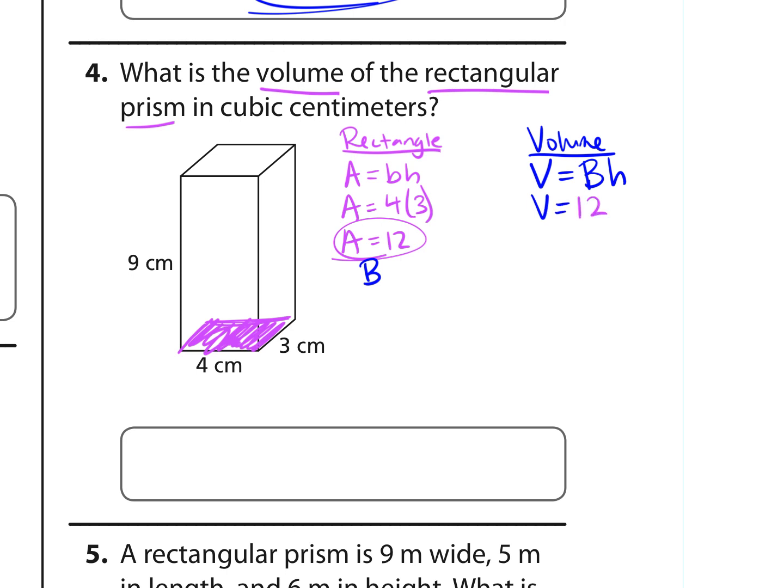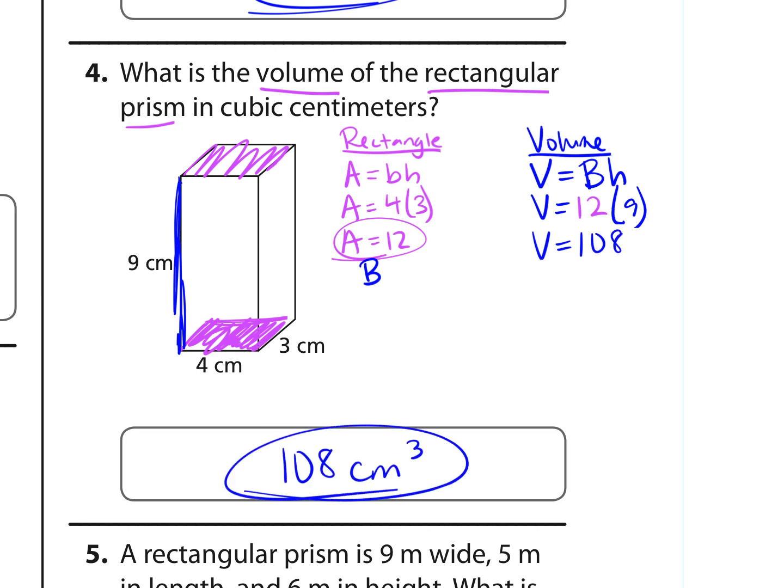And the height is this distance between the two bases. There's a base at the one end and a base at the other end of a prism. And so this height is 9. And 12 times 9 is 108. So we get 108 cubic centimeters because volume is measured in cubic units.